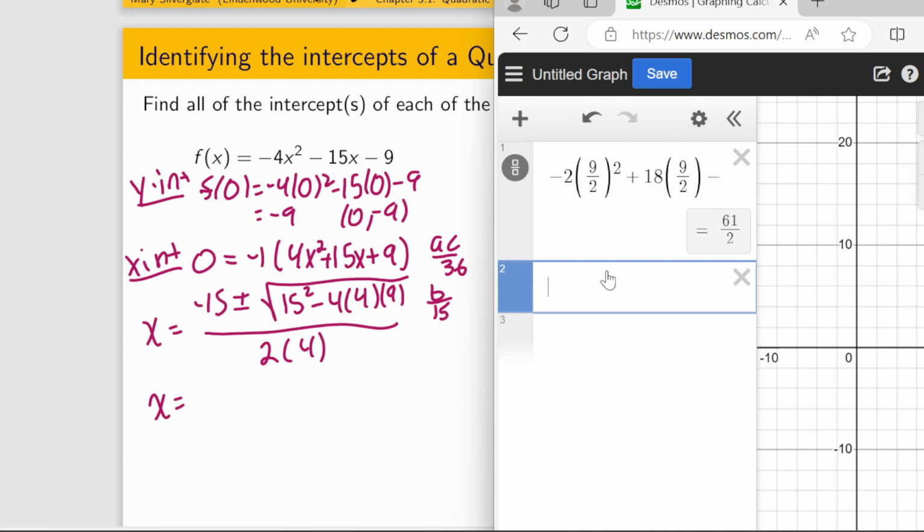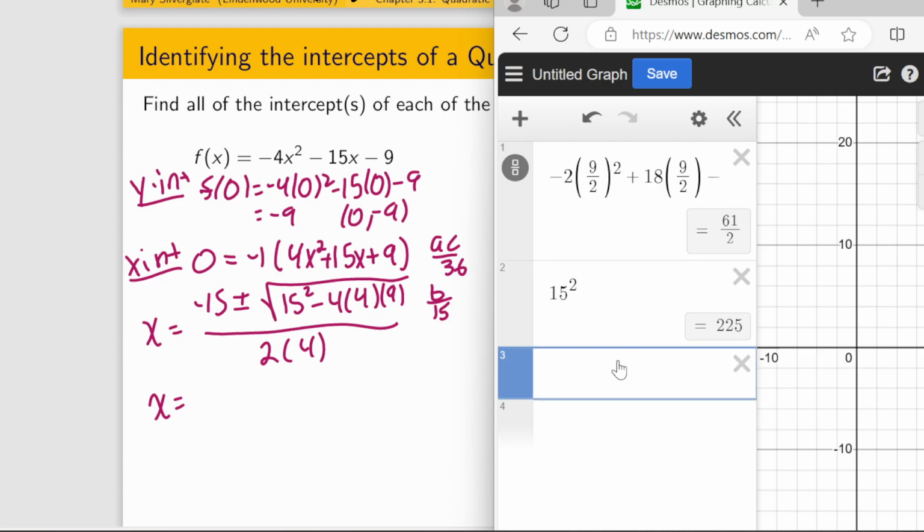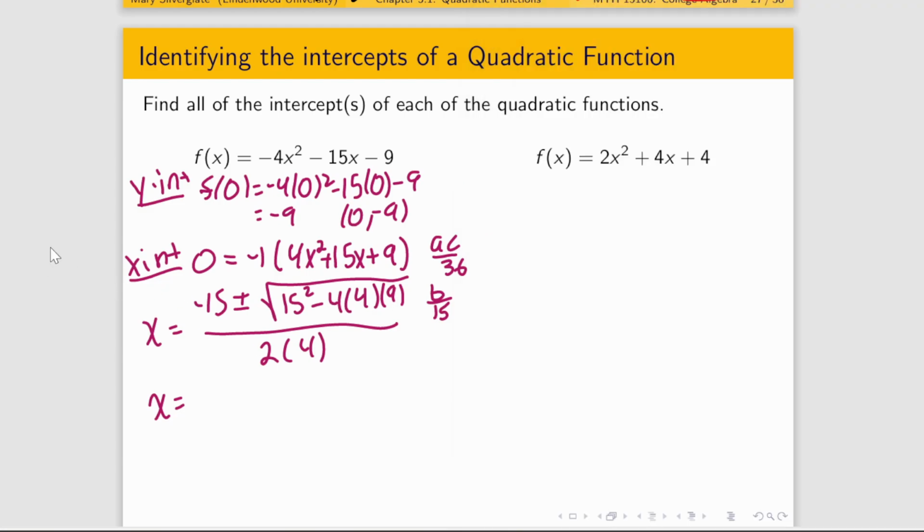So we might want to figure out what 15 squared is first, which is 15 times 15. So that's 225, and then we also have 4 times 4 times 9, which is 144. So we have x is the opposite of b plus or minus the square root of 225 minus 144, all over 8.